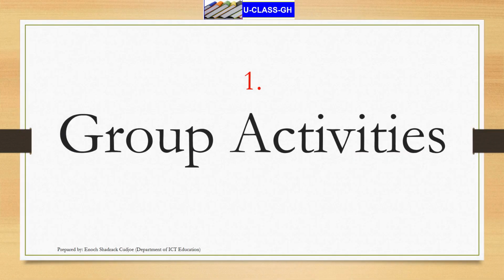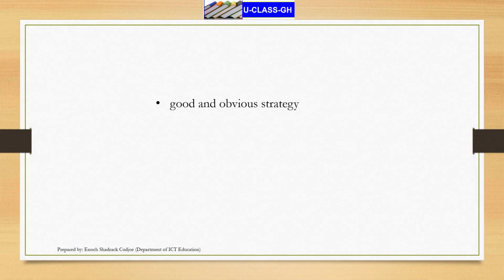The first activity is group activities. That's number one, group activities. Group activities are a good and obvious strategy for a large online class, as well as a class of about 15 to 20 students.